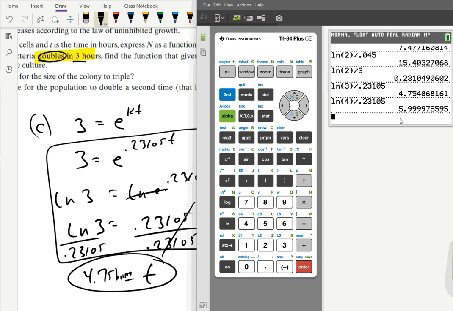So why is it not exactly 6? The reason it's not exactly 6 is up here, we ended up with 0.23105 and we had rounded. So what if we take natural log of 4, just as an experiment here, and divide by this number. Now we end up with 6 because that's a more precise calculation.